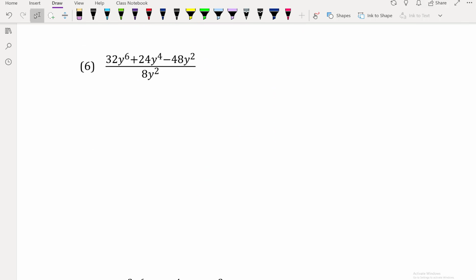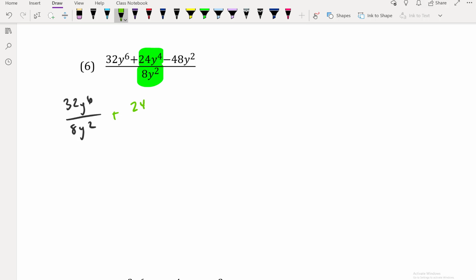Now, for this one, you can actually think about this as having 3 different fractions. So the first fraction is here. I have 32y to the 6th over 8y squared. Now, my second fraction is separated by the addition here.